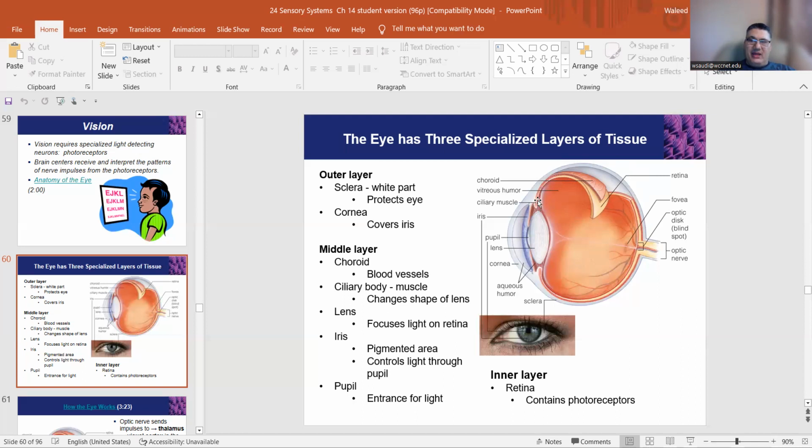Then there will be an expansion here. This expansion right here, when you see the cursor, is called the ciliary body containing the ciliary muscles, a body containing muscles.